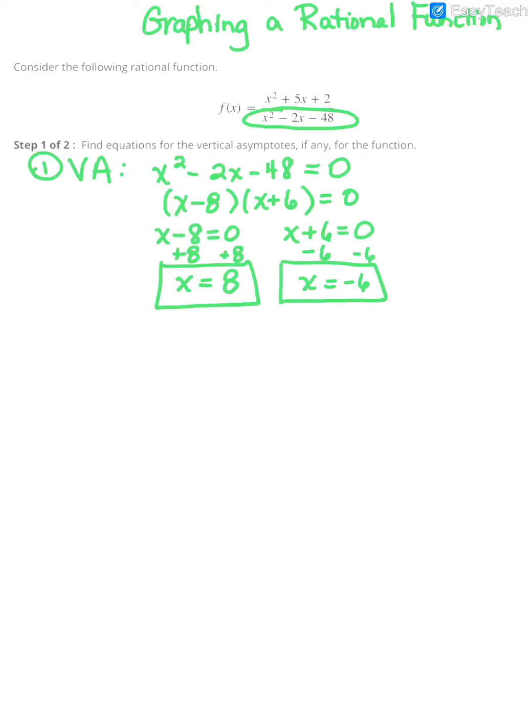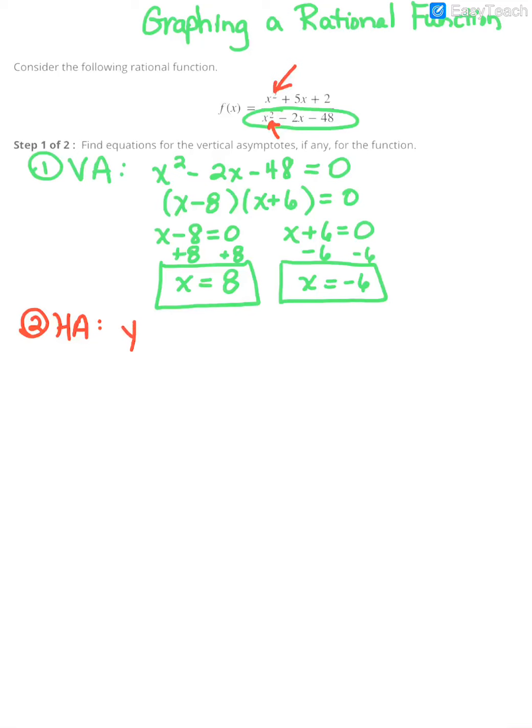Okay, so then next you would determine whether or not you have a horizontal asymptote, and if so, what it is. So when I look at my particular function, the highest power of x on top is x squared. The highest power of x on bottom is also x squared. So we have equal powers.